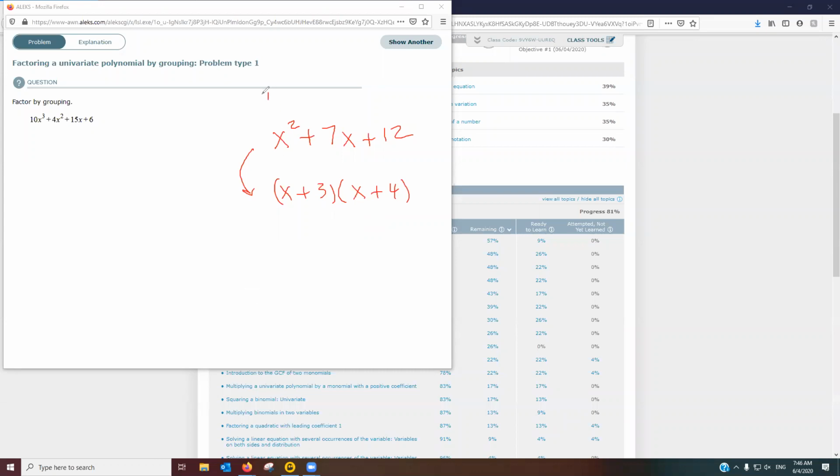But notice in this example, we have three terms. Right, here's the first term, here's the second term, and here's the third term. So this method we talked about is applicable when you have three terms. But notice here, in this example, we have four terms. Right, here's 1, 2, 3, 4 terms. So I'm going to use a slightly different method here. It's called factor by grouping.